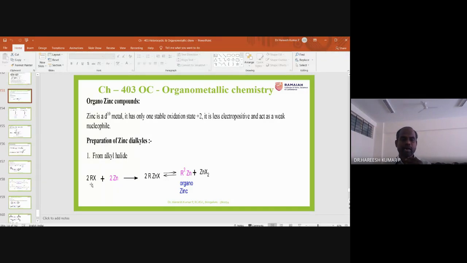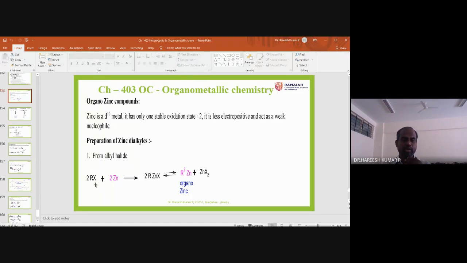Here I am taking RX. RX stands for alkyl halide. As per IUPAC, it's called haloalkane, haloarene, haloalkene, haloalkyne. So these are the different forms of alkyl halide or haloalkane.